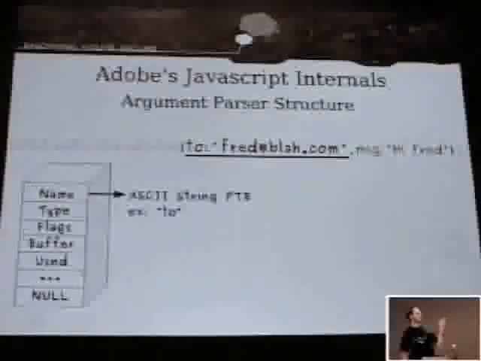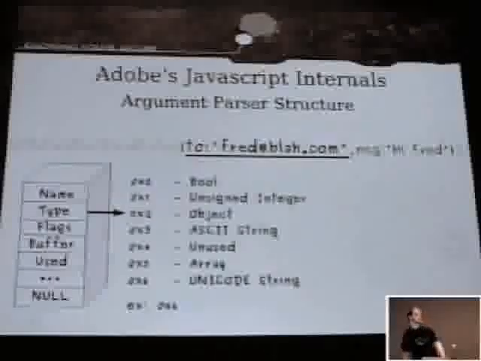And also inside each method, there's a generic argument parser. Each method that you call expects the arguments in a very specific format, and this format is here. This argument parser structure says first the name of the argument, in this case it is 2. The type of the argument is bool, integer, or whatever.